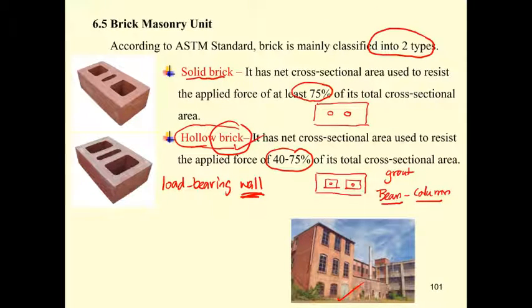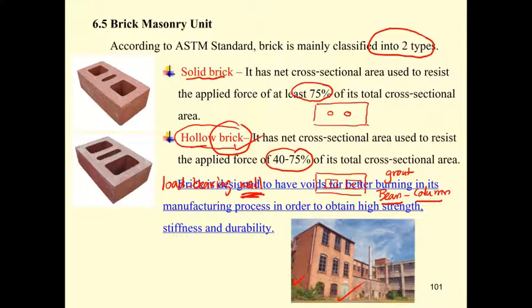Okay, and since brick is used to sometimes build tall buildings, at least this is a 3-story building, most bricks have high compressive strength. Okay, so coming to the conclusion of this, the brick that has voids, the hollow bricks, is for better burning during its manufacturing process.